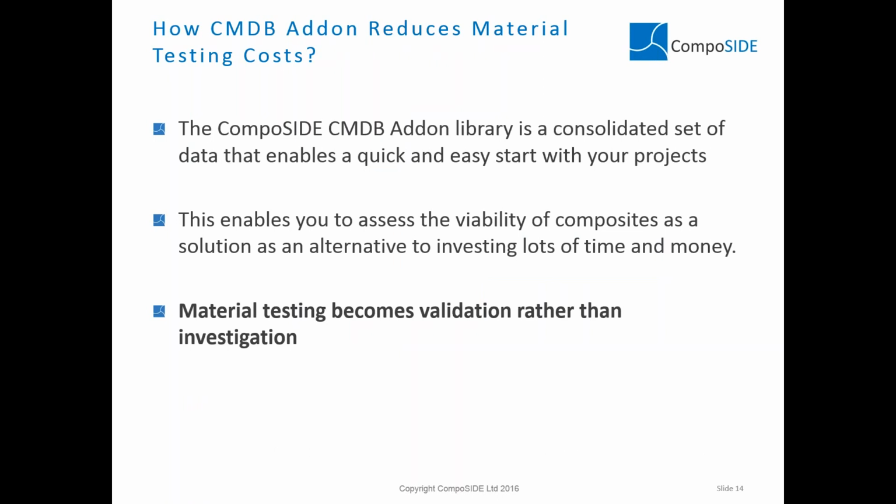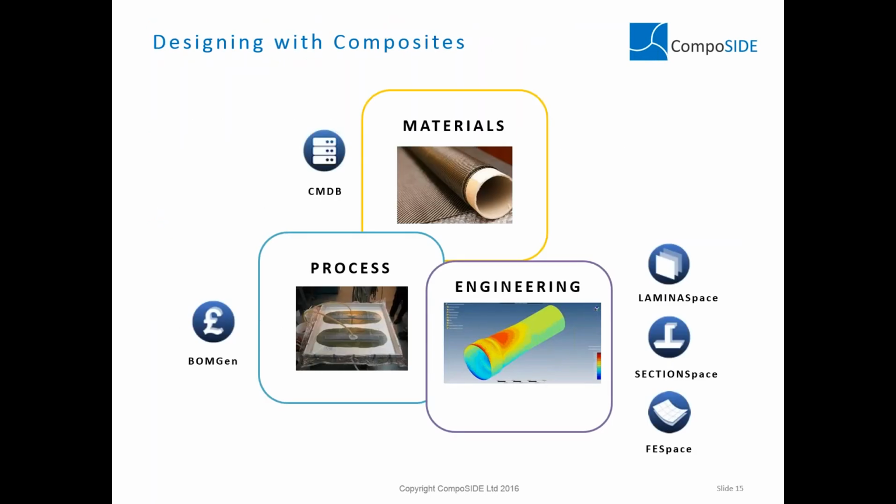So you can assess the viability of composite as a solution, irrespective of the type of product, and then in turn material testing becomes a validation rather than an investigation, which saves you a lot of time, a lot of money, as well as a lot of hassle to get all those costs approved and signed off, depending on the type of organization you work in. So, John, if you can run us through the basics of CMDBs, that would be really useful.